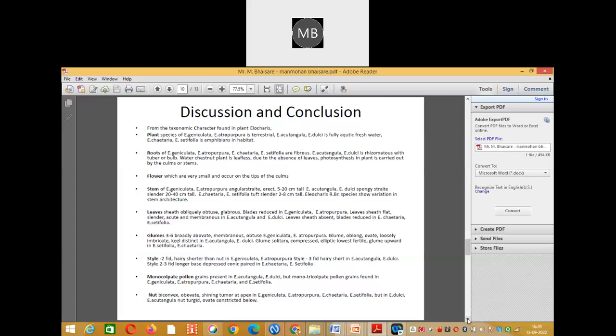Now, glumes are 3 to 6, broadly ovate, membranous, obtuse in Eleocharis geniculata and Eleocharis atropurpurea. Oblong, ovate, loosely imbricate, keel extinct in acutangula and dulcis. Bloom is compressed, elliptic, fertile, blooming upward in setifolia and Eleocharis setifolia.